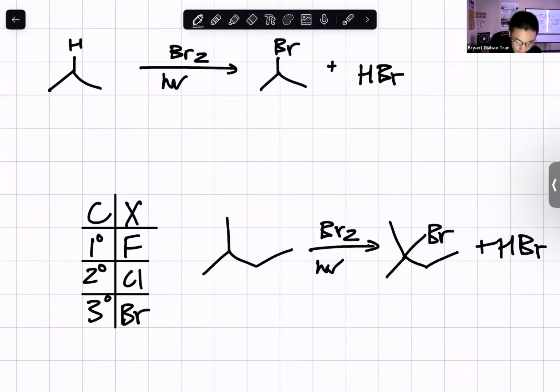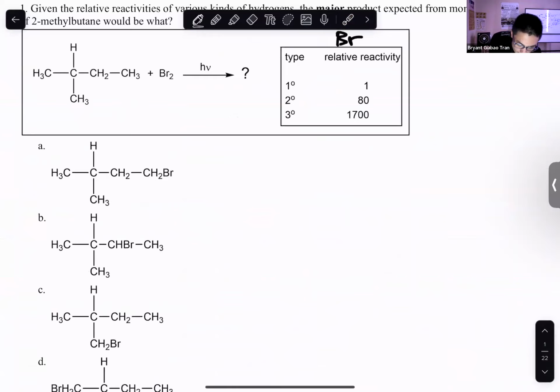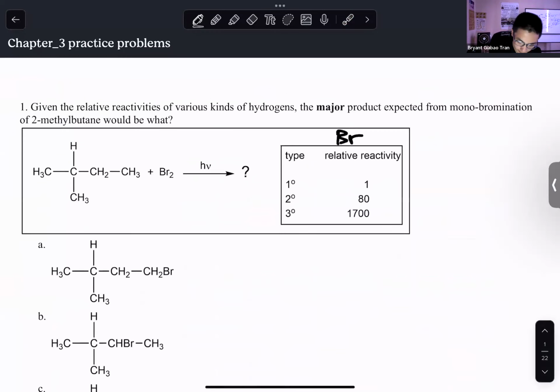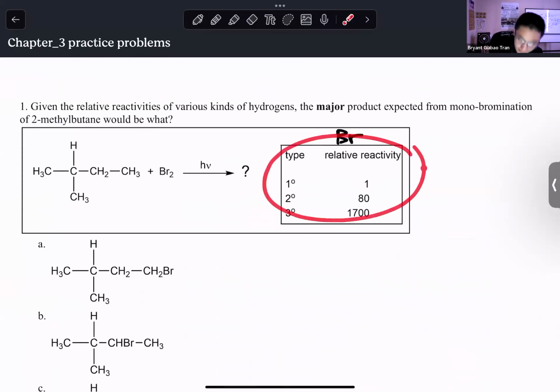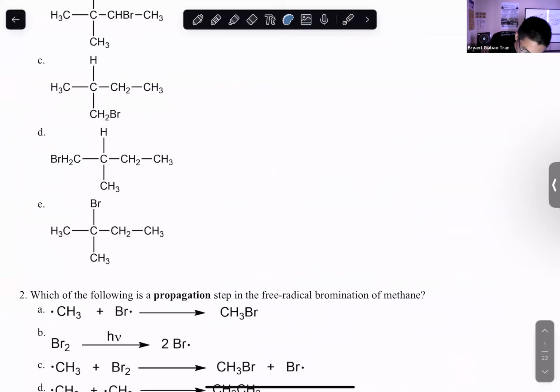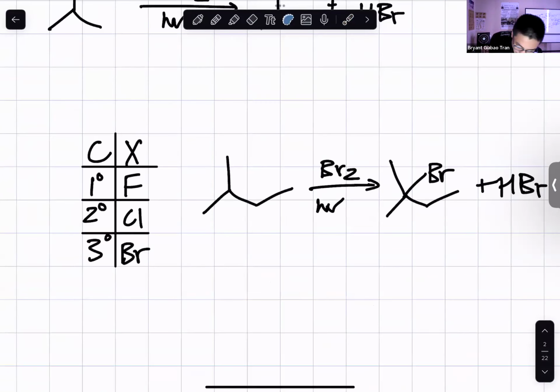But there is a way to figure out which way is preferred through using this relative reactivity chart. So I'm going to copy and paste this whole chart and explain to you how you could figure out what the major product is.